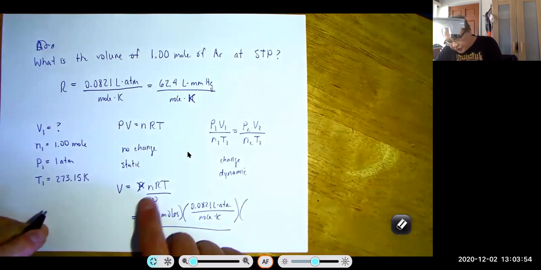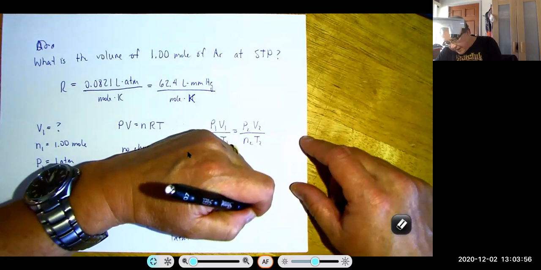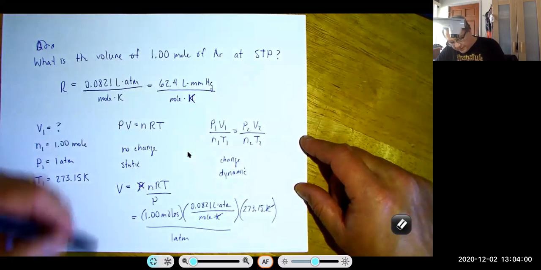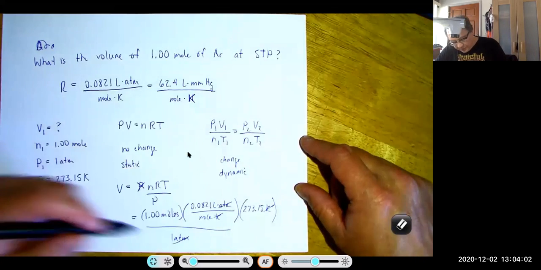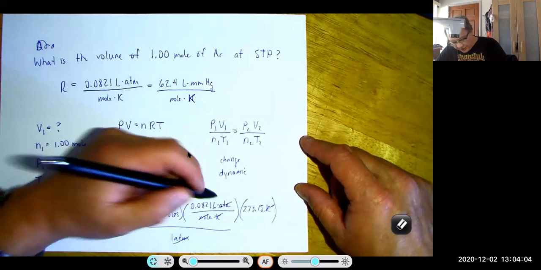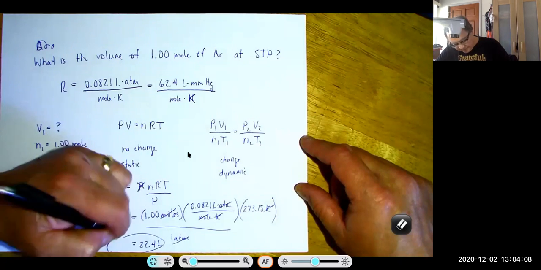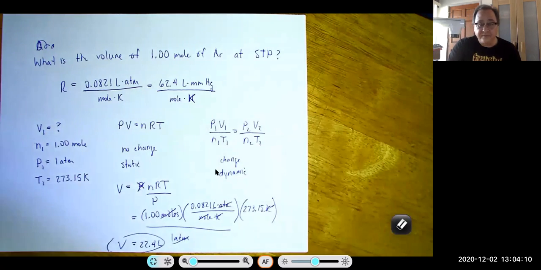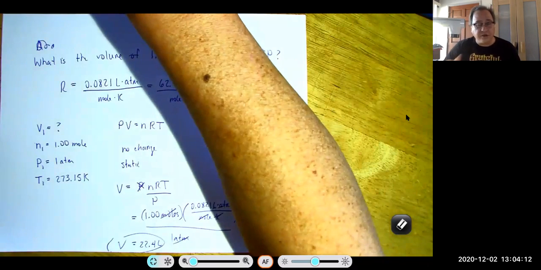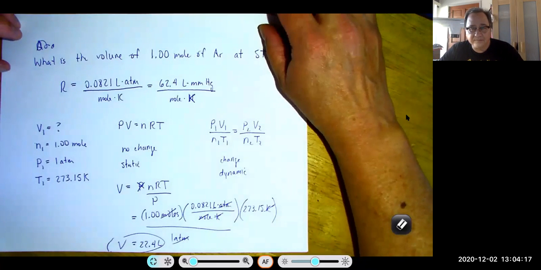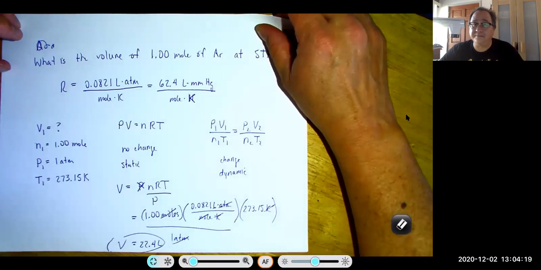And the temperature is 273.15 K. So the K's cancel, the atmospheres cancel, the moles cancel, and we're left with liters. And you should have got 22.4 liters. Everyone good on that? If you are, give me a thumbs up.